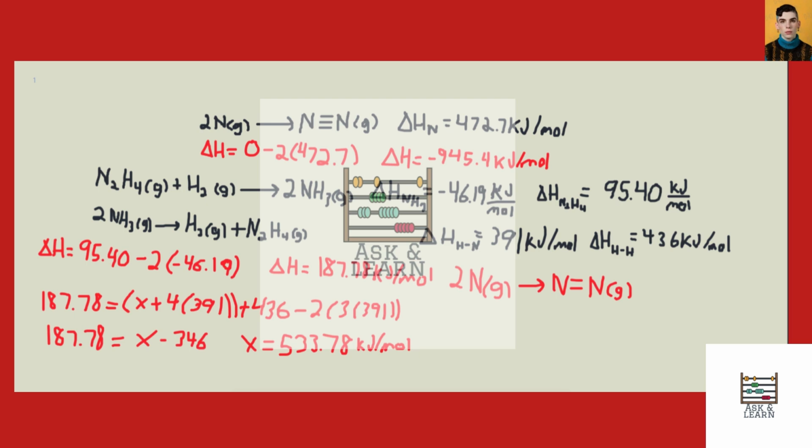So we have our bond enthalpy, 533.78, minus 2 times 472.7. So that's going to equal 411.62 kilojoules per mole.